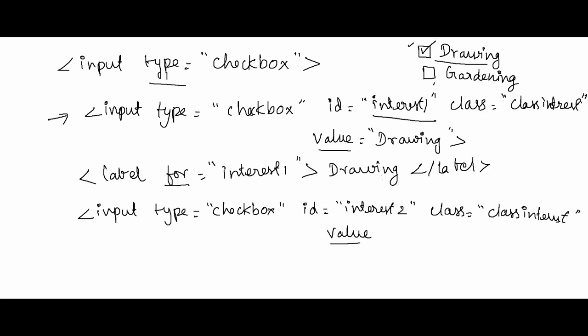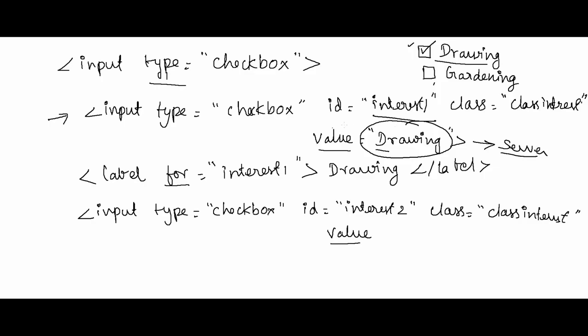So after clicking on the submit button, the value which is sent through that method, that is post and get, we have discussed before, right? Through that method, when the data is sent, if you check this box, this drawing value is sent to the server.